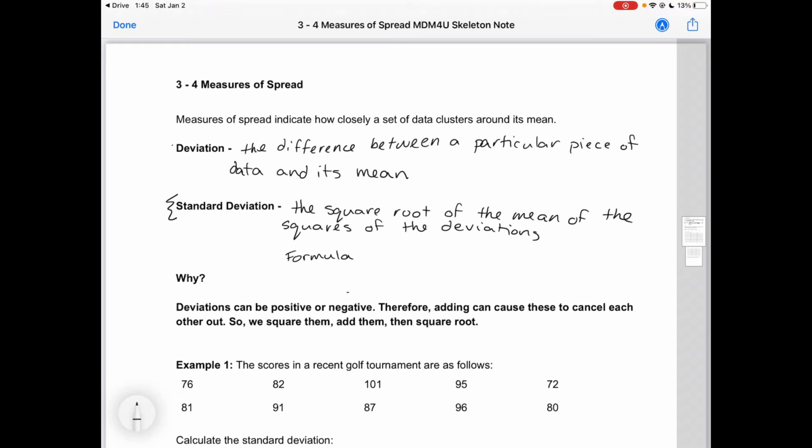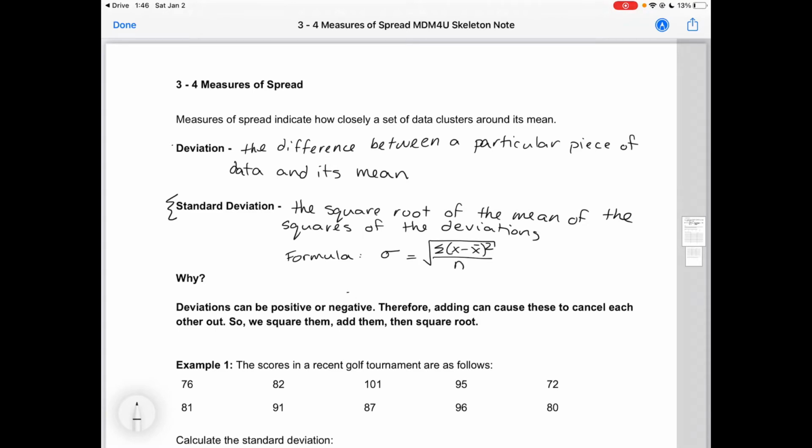So the formula that we have for the standard deviation is sigma, lowercase sigma this time, is equal to the square root of the sum of the squared deviations, and then divided by n, which is the number of pieces of data that you have.